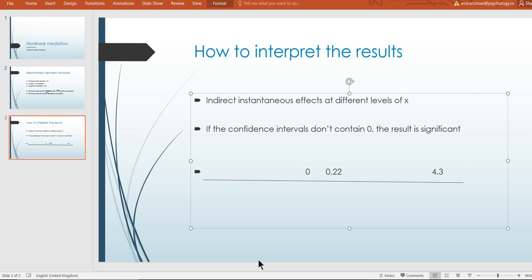When the lower confidence interval and upper confidence interval are both negative, they don't contain zero, so the result is significant too.